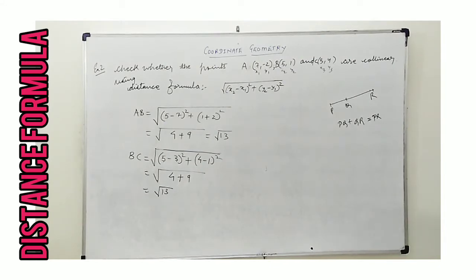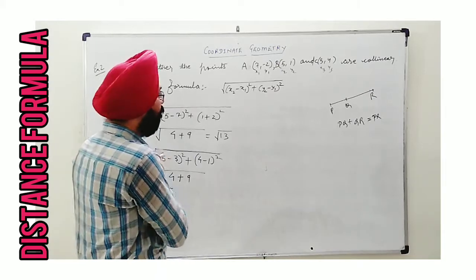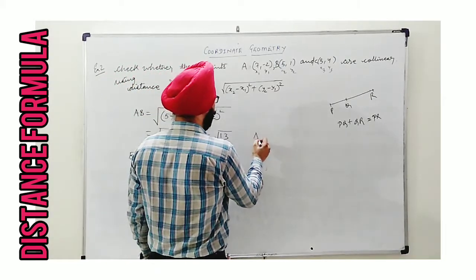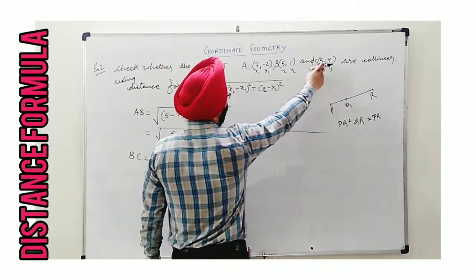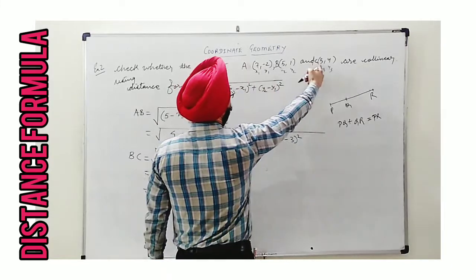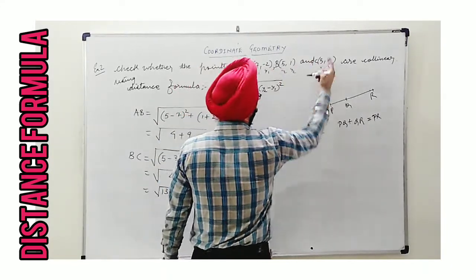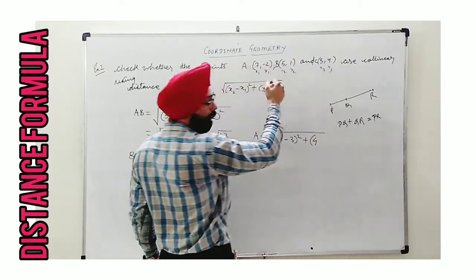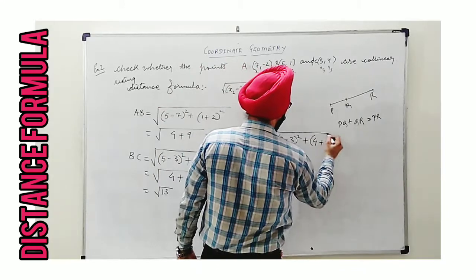Next, we are going to find the distance AC. To find AC, we need the difference between these two first values, 7 minus 3 whole square, plus the difference between minus 2 and 4. So this can be written as 4 minus minus 2 will become 4 plus 2 square.